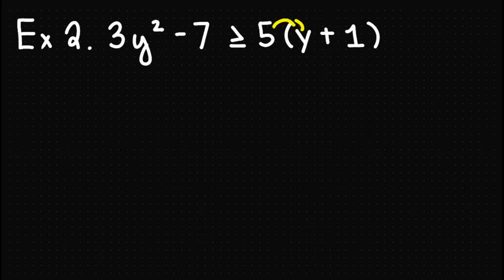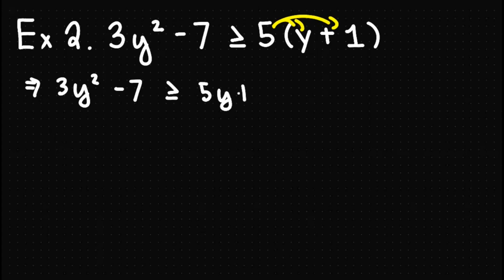First, let's simplify this. So we'll obtain 3y squared minus 7 is greater than or equal to 5y plus 5. After that, we move these to the left side.